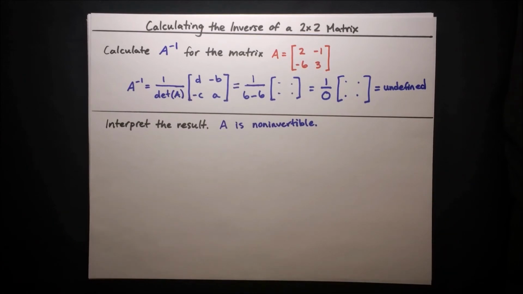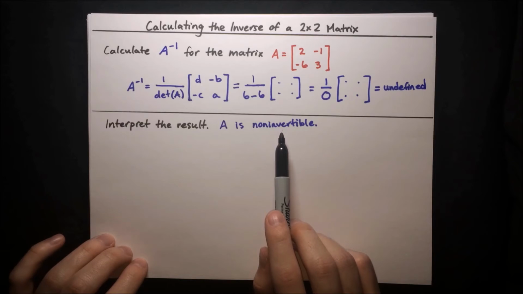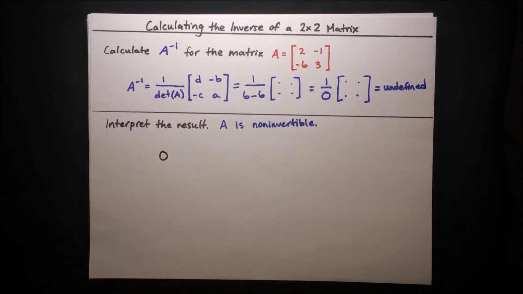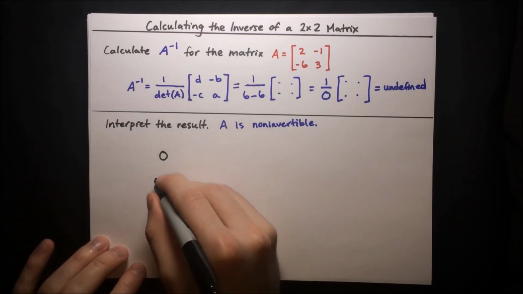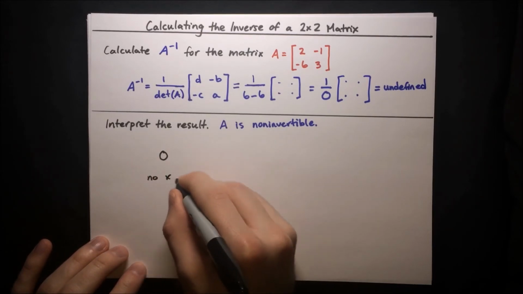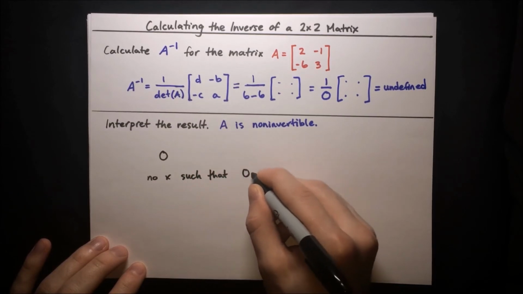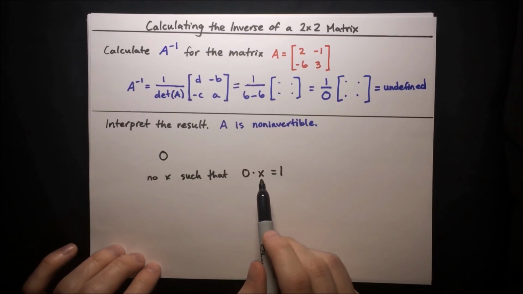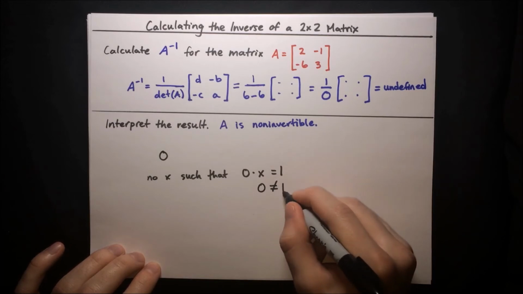To gain some intuition for what it means for the matrix A to be non-invertible, we can compare that singular matrix A to the number 0. As we know, 0 doesn't have an inverse because there's no number x such that 0 times x is 1. 0 times any number x is just 0, and 0 is not equal to 1.